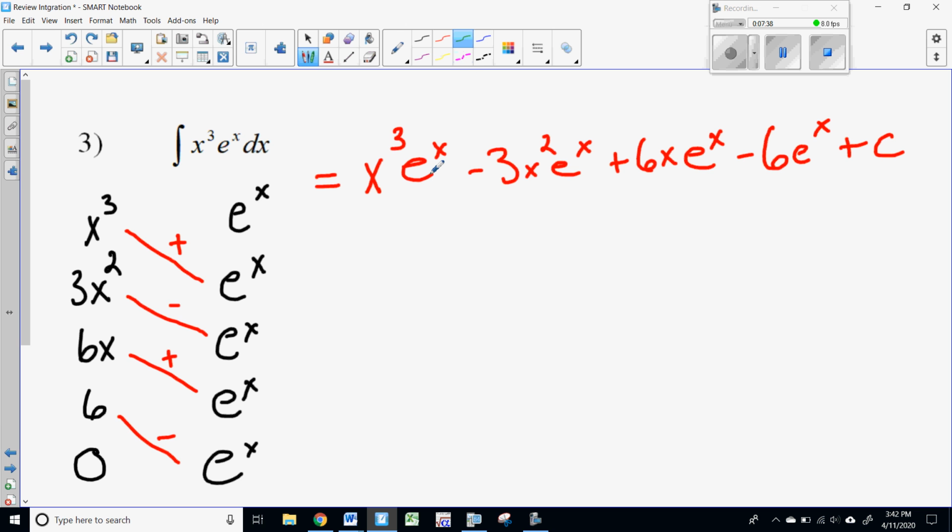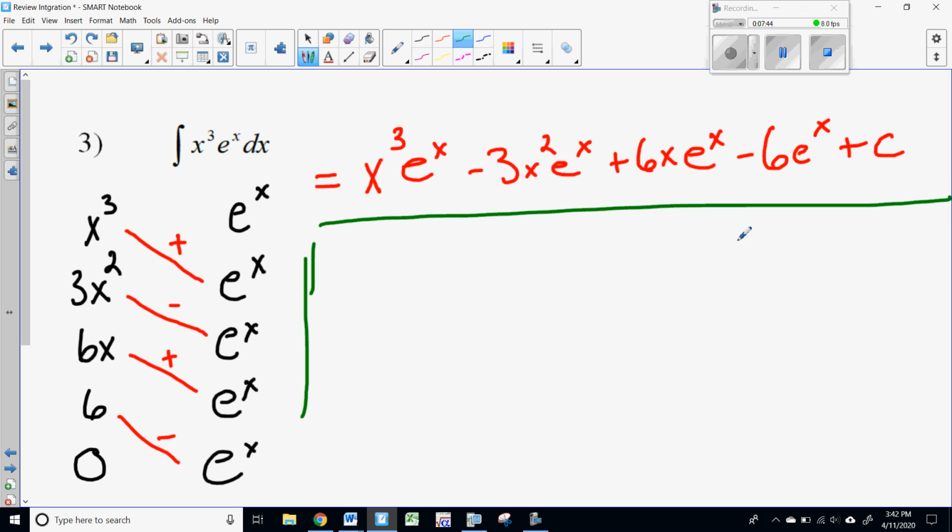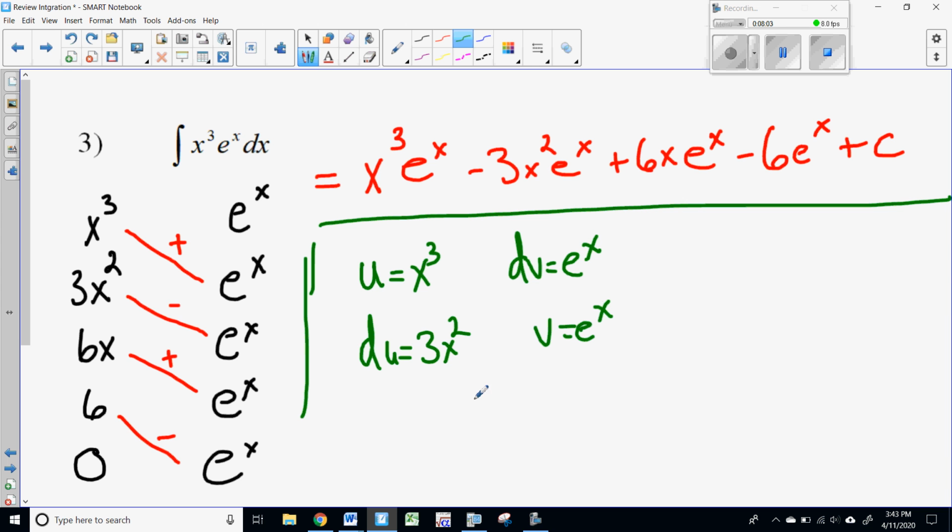Now, just to point out, if you would have done this with the original integration by parts, your u would have been x cubed, your du would have been 3x squared, your dv would have been e to the x, and your v would have been e to the x. And so you would have gotten uv, x cubed e to the x, minus the integral of v du, which would have been the integral of 3x squared e to the x dx.